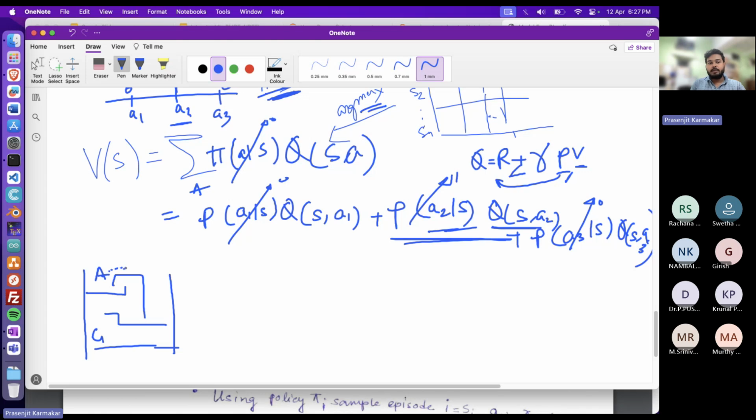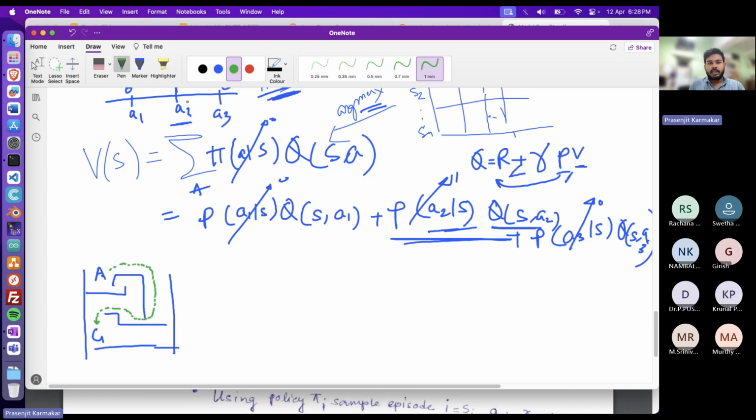Let's say I explore a particular trajectory, this path, and I reach the goal.